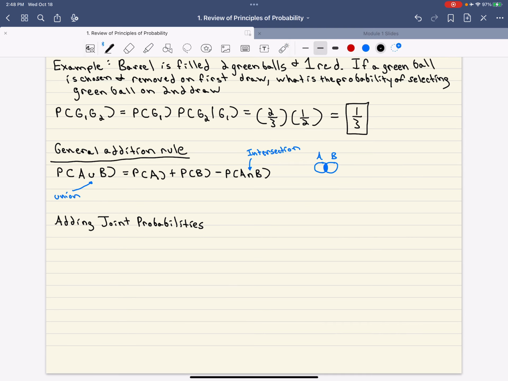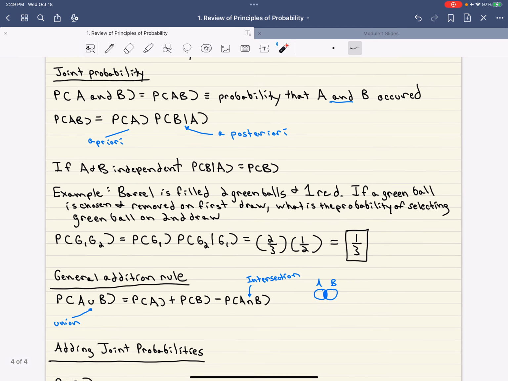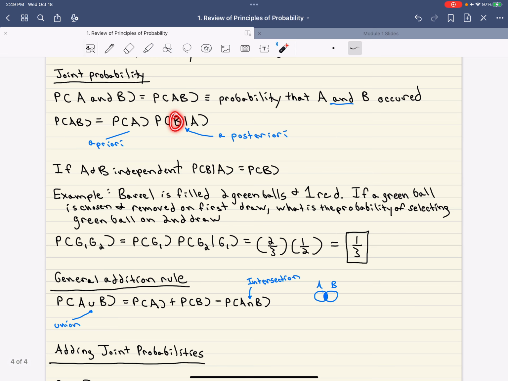But here, let's just say we want to calculate the probability of just B occurring, right? And so there's two scenarios where this could happen. So B can occur after A has occurred, or B can occur in the case where A does not occur, right?